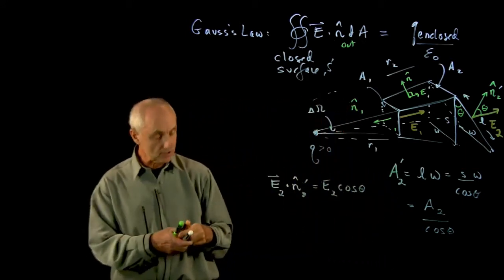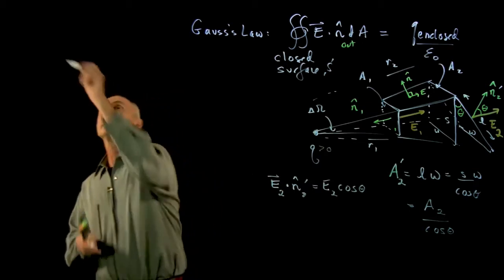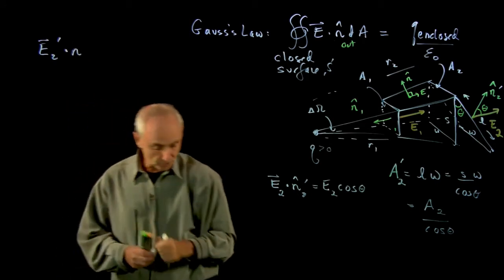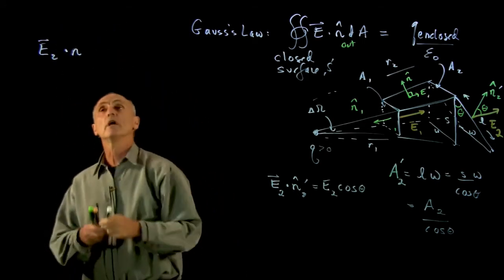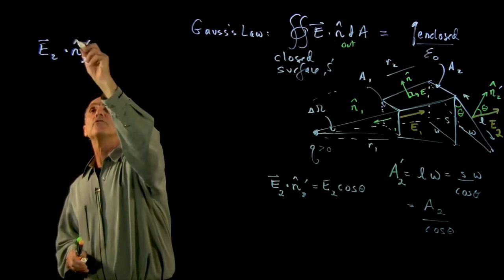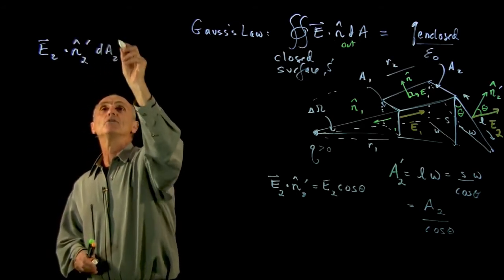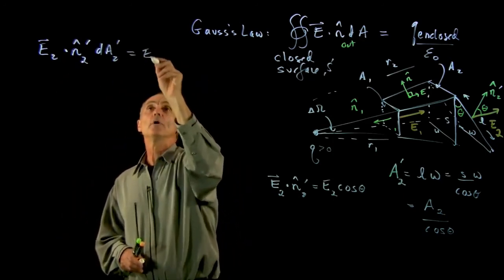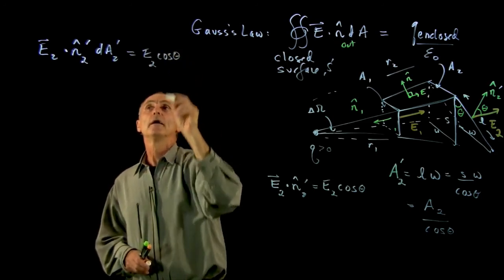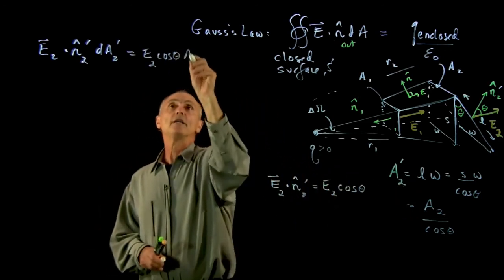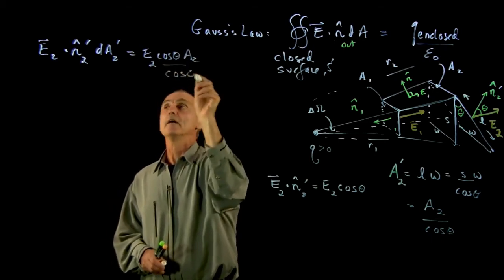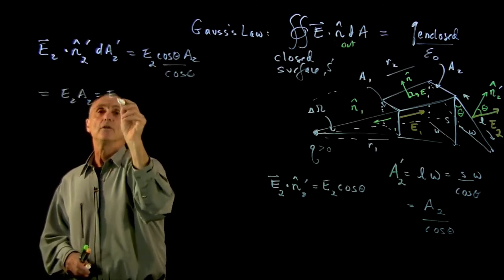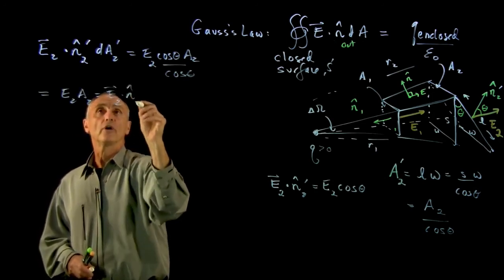And so our flux on our new surface is E2 dot n hat 2 prime times the area A2 prime. The E is the same electric field, it's just the n hat that is no longer the same. Well, we just saw that the dot product is E2 cosine theta, and the area element is A2 divided by cosine theta. And so we get E2 times A2, which is our old result.